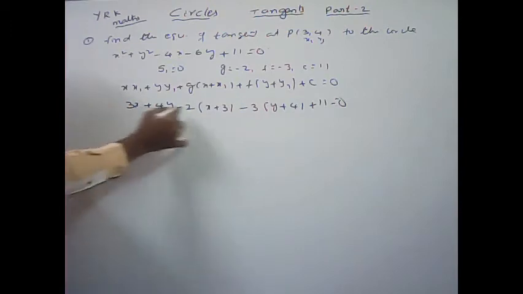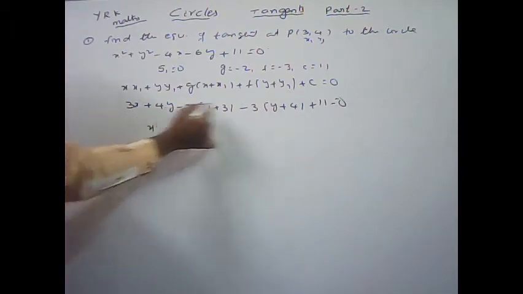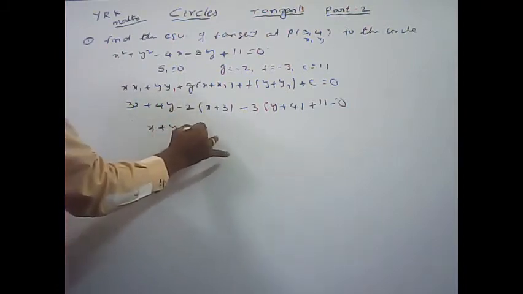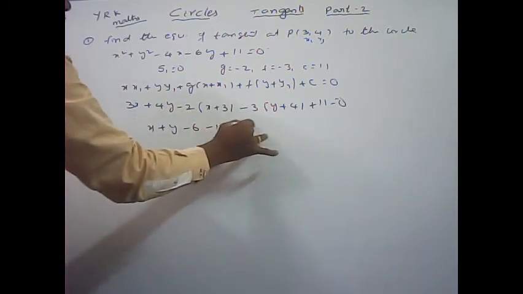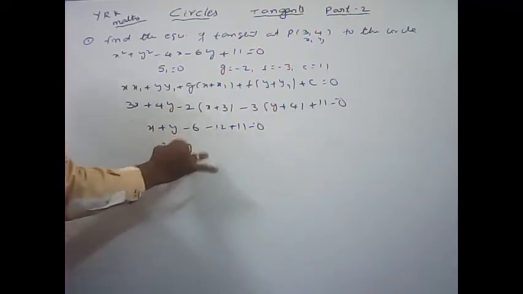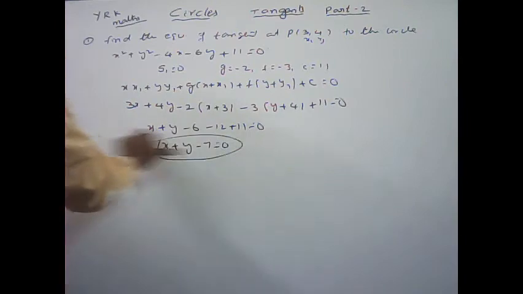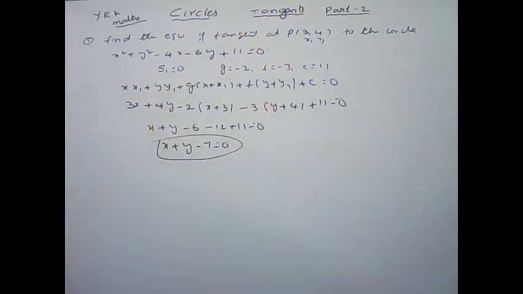Here 3x minus 2x is x, 4y minus 3y is y, minus 6 minus 12 plus 11. So x plus y minus 7 equals 0. This is the equation of the tangent at the point (3, 4) to the given circle.